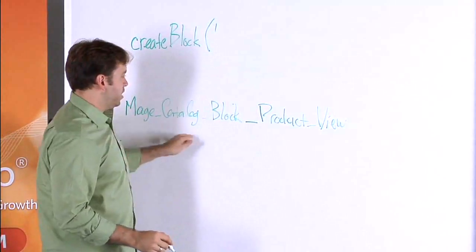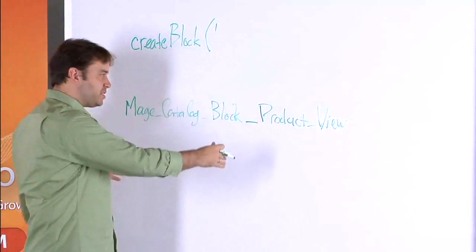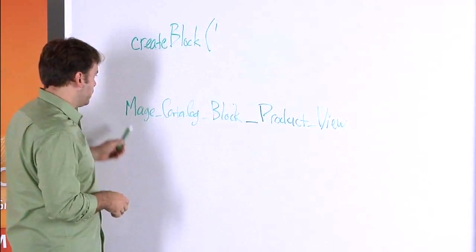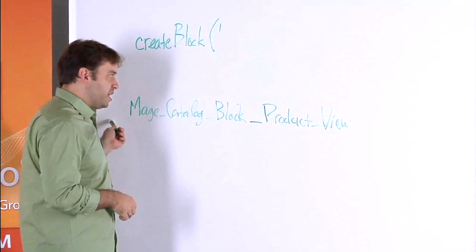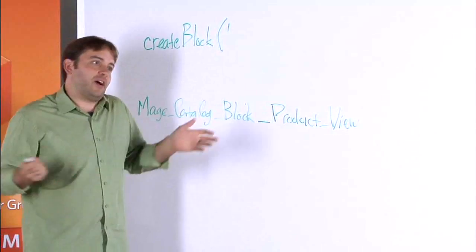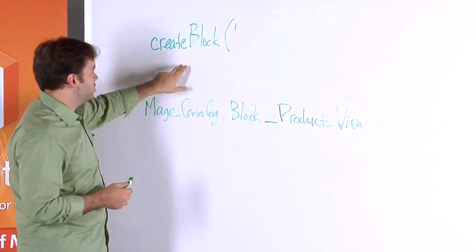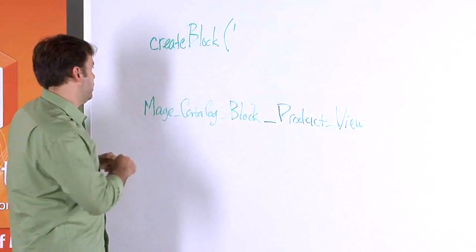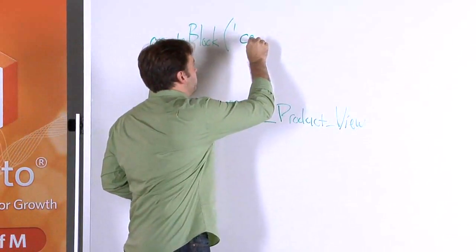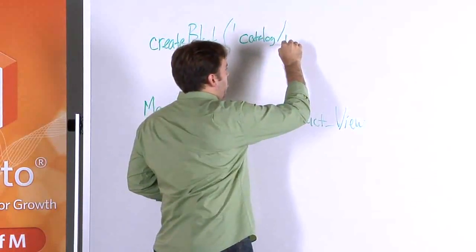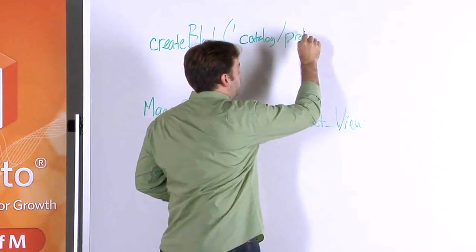So, Mage catalog block product view. That's a class name, and because of the way the autoloader works in Magento, the class name effectively becomes a file path. We'll look at that. So what that looks like when we're doing a createBlock is this: catalog, product, whoops.